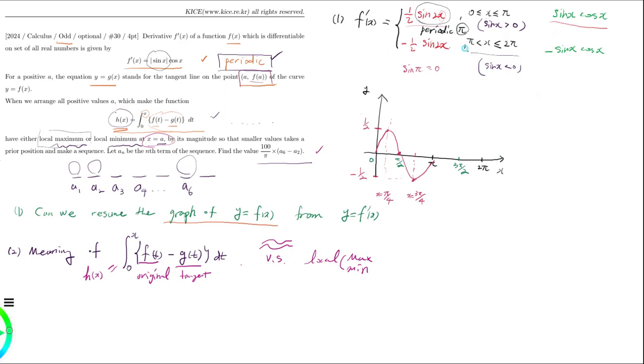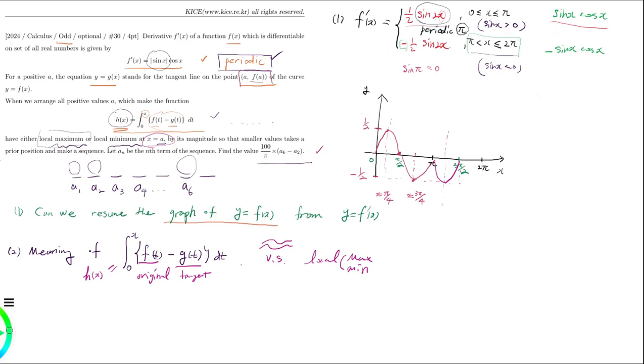And in the domain between pi and 2 pi, there's only a difference of negative sign, so we repeat each graph, but with the opposite sign. So from pi to 3 pi over 2, it looks like this, because this part converted to like this here, okay?